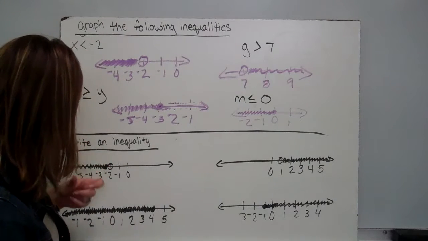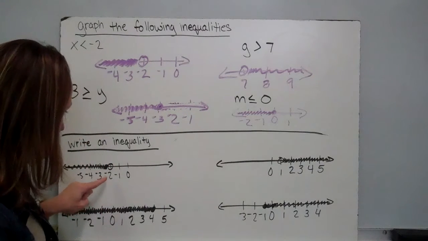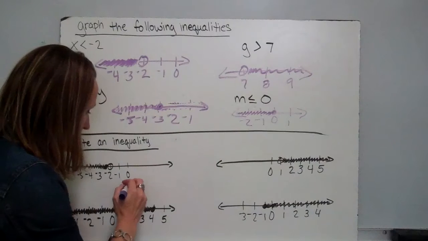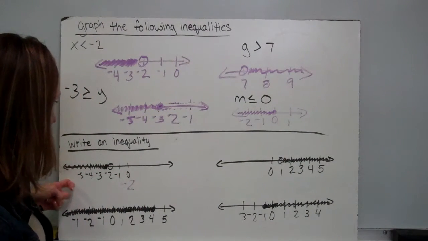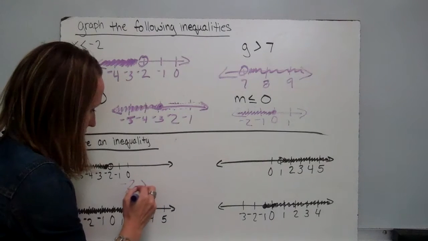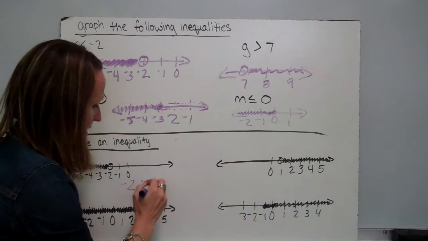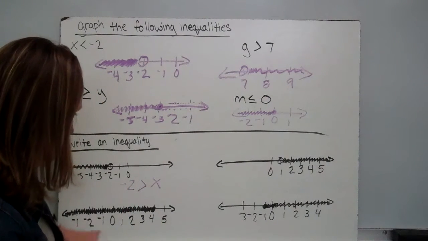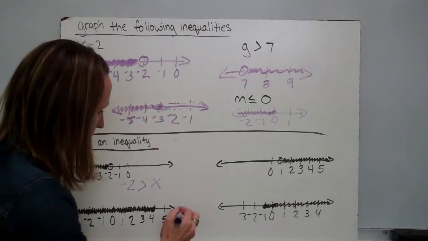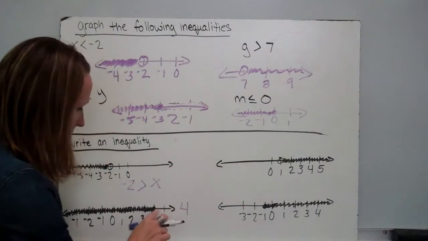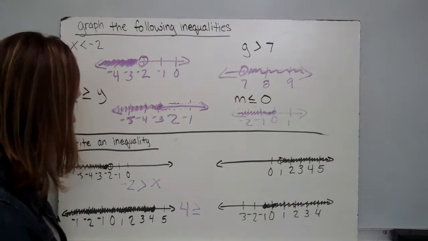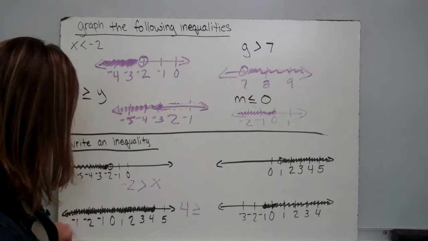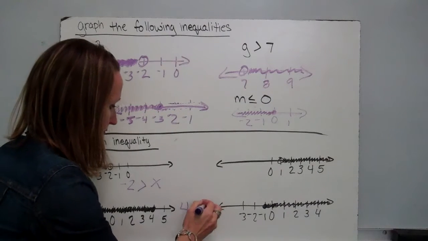So this is how we graph inequalities. What if we want to write an inequality based on a graph? Here we have negative 2 with an open dot, and it's greater than everything here, so negative 2 is greater than x. What about this one? We have 4, and it's a closed dot, so 4 is greater than or equal to x.